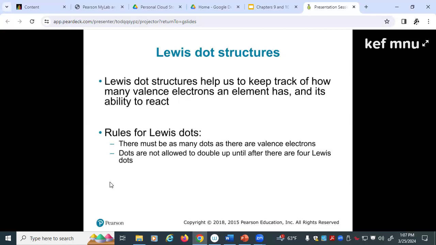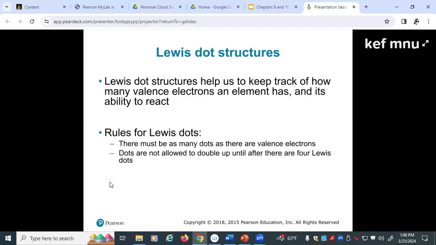It's called a Lewis dot structure. And Lewis dot structures are great because they give us a very simple way of looking at how many valence electrons there are. And from that standpoint, how many electrons are needed to get to the octet rule, and what kinds of methods are available for us to do that.